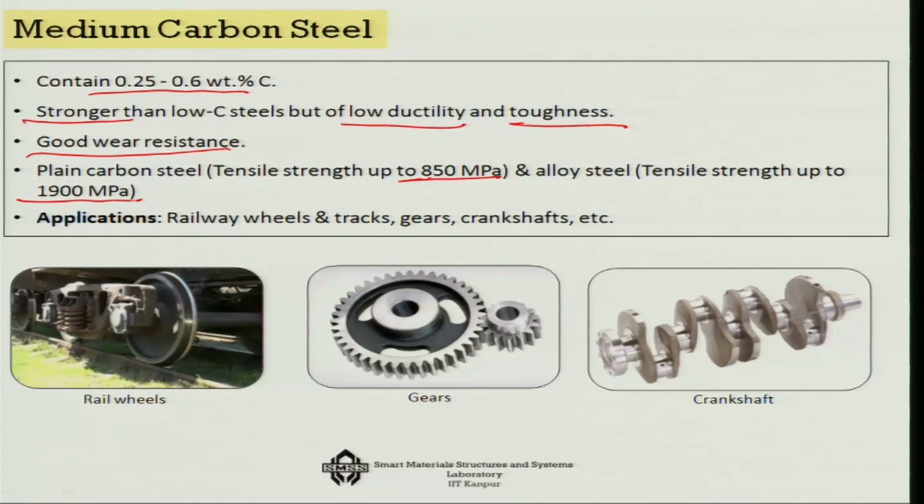No wonder it has heavy duty applications like railway wheels or tracks themselves or gears or crankshafts. So, wherever you need a high tensile strength and toughness, that is something that you get in the medium carbon steel.